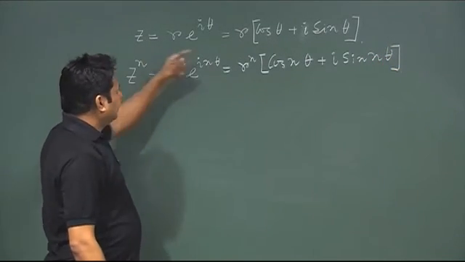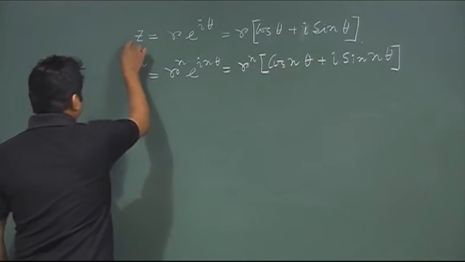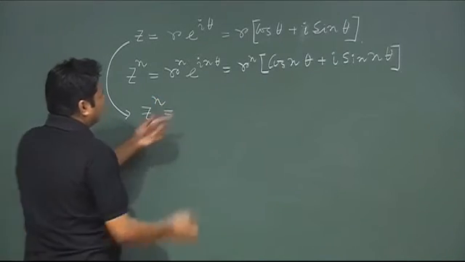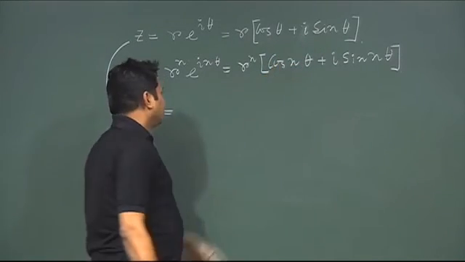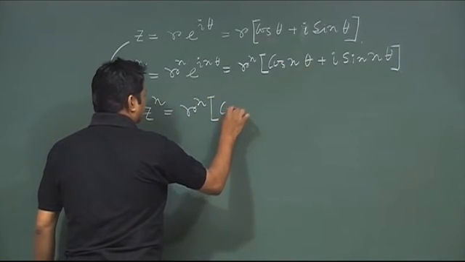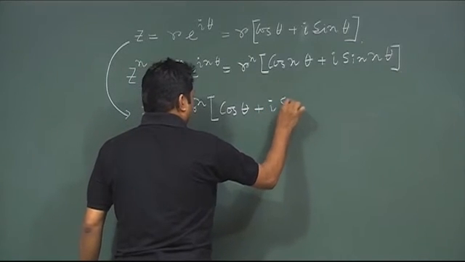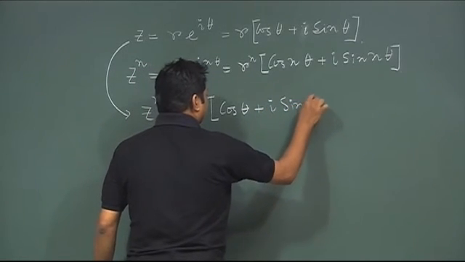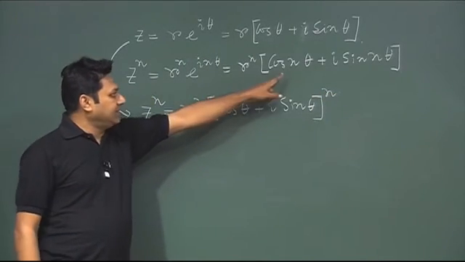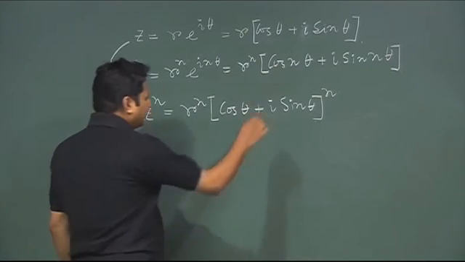But already z is equal to this. So, when I take it to the power n from here, it will be r to the power n, cos theta plus i sin theta, whole to the power of n. Now, these things and these things are the same.